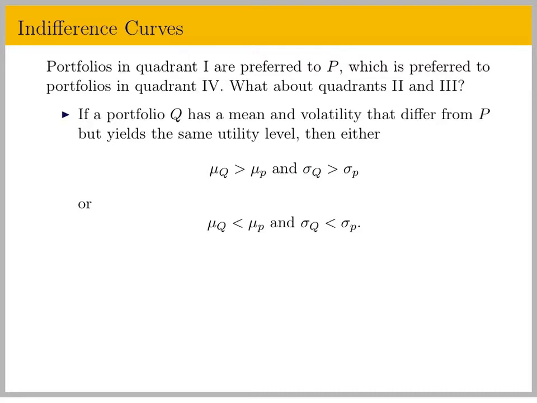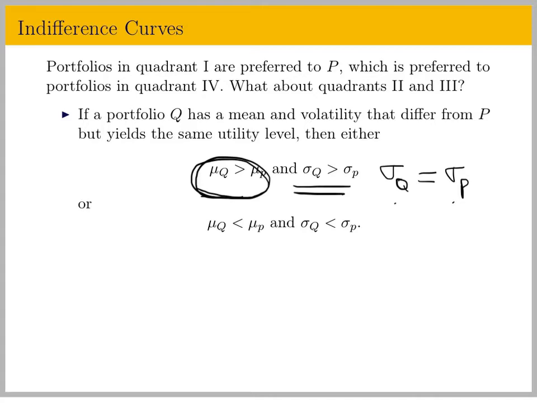That is, let's begin with the assumption that Q has a higher expected return. If this were not true, that is, let's suppose that sigma Q is equal to sigma P, then you would strictly prefer Q, because it has the same volatility as portfolio P and yet a higher expected return.